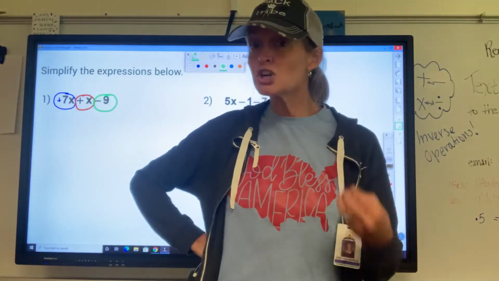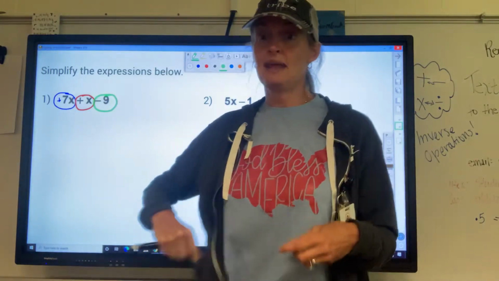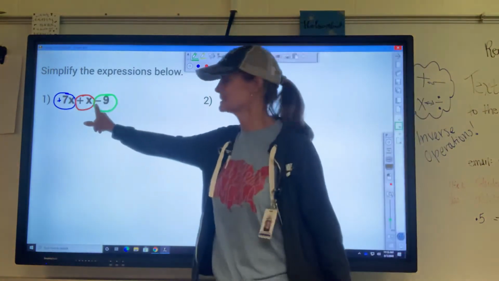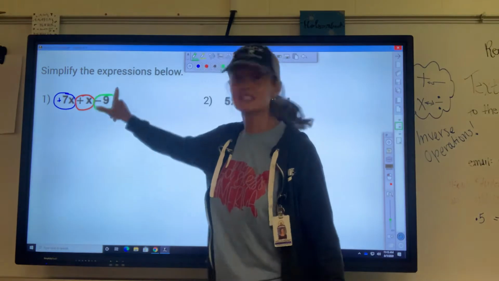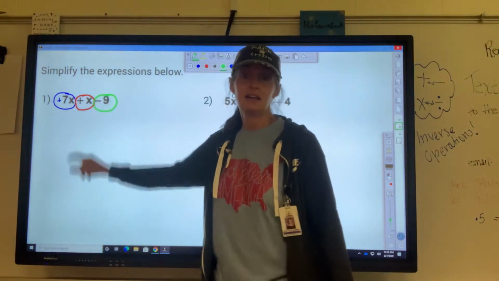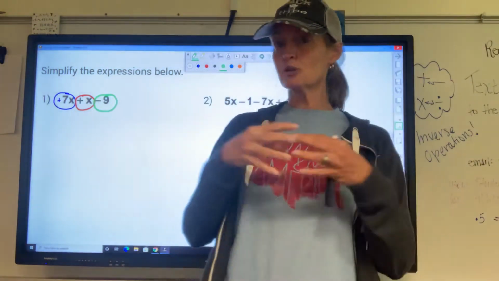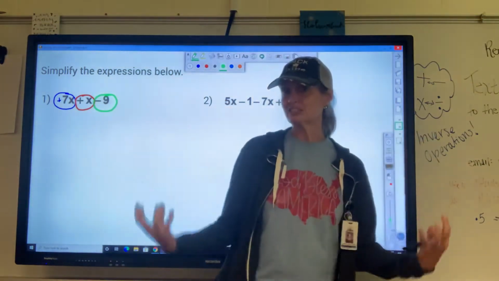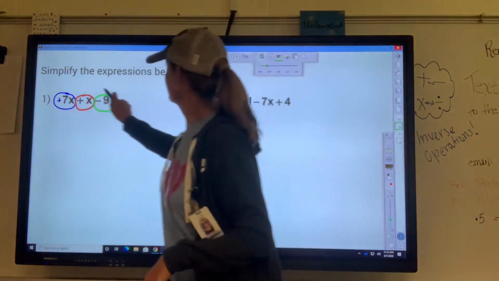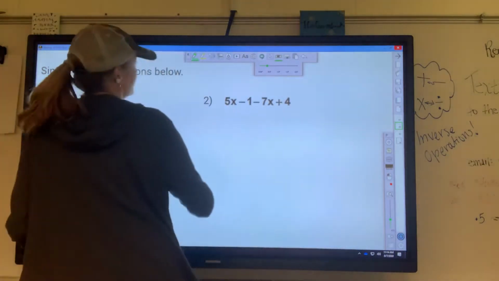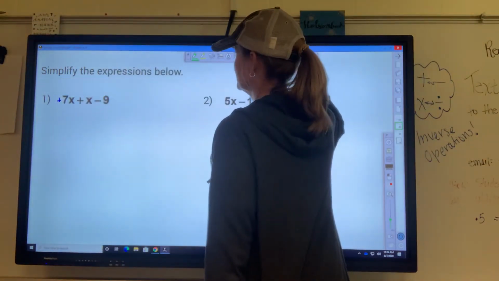And remember, each term has a plus or a minus sign, and it belongs to that number. So this minus sign really belongs to that 9. So you would call this a -9. And so it's kind of like the minus and the negative are interchangeable-ish. Okay, so let me erase this a minute. Oh, not all that. Lord help. Let me just go backwards, and I don't have to erase it.